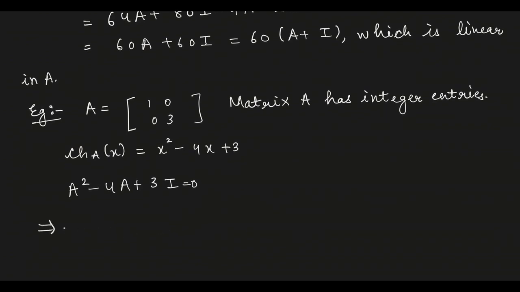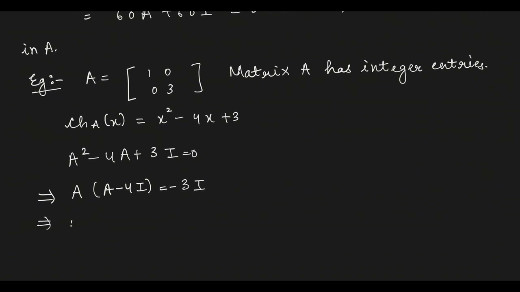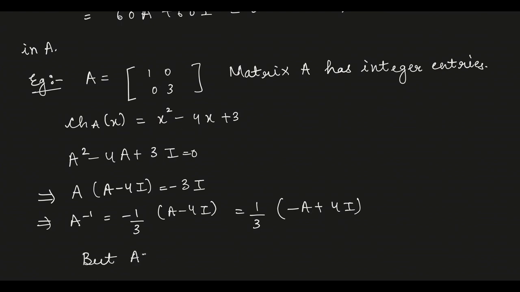If I find A inverse from this, A inverse will be minus 1 by 3 (A - 4I), or adjusting the minus sign, minus A plus 4I, divided by 3. Now you can clearly see that the matrix has integer entries, but A inverse has rational coefficients.